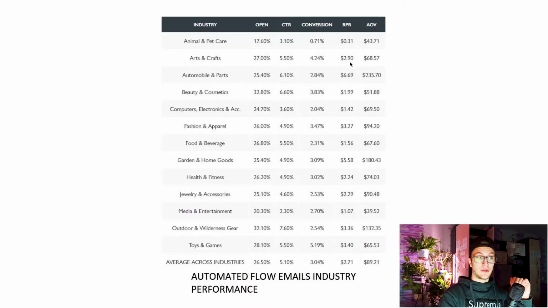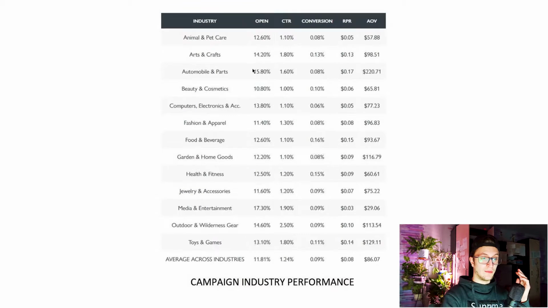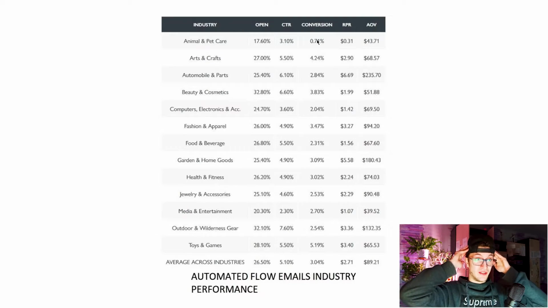You see this number compared to, let's say, even health, which is 3%, or jewelry, which, in my opinion, is a saturated market. Compared to pet care, it's really not that new or something like that, right? So seeing that number, it's very sad.